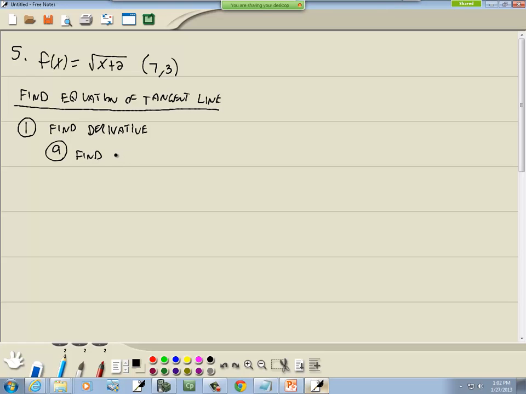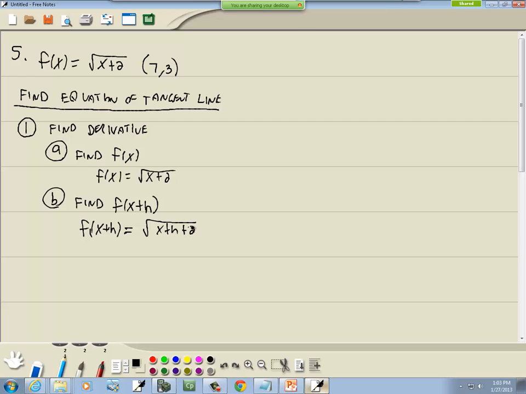Our first sub-step is to find f of x. Well, f of x is given, so it's just the square root of x plus 2. And our next sub-step is to find f of x plus h. And remember, what we do here is we plug in x plus h for our x. So this becomes the square root of x plus h plus 2.